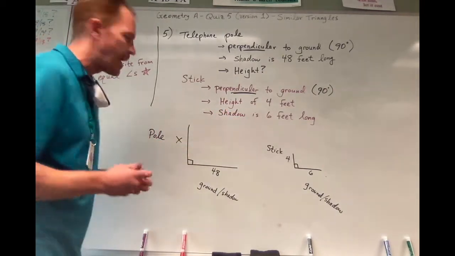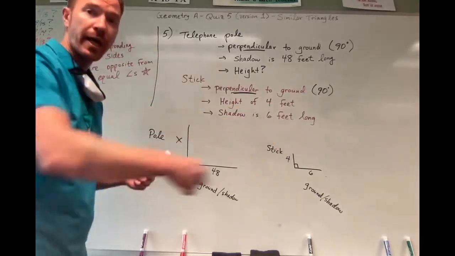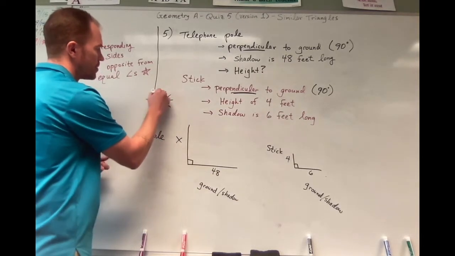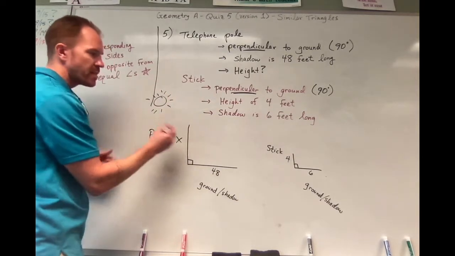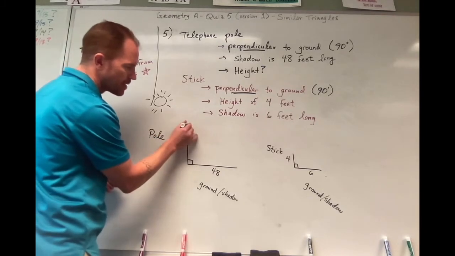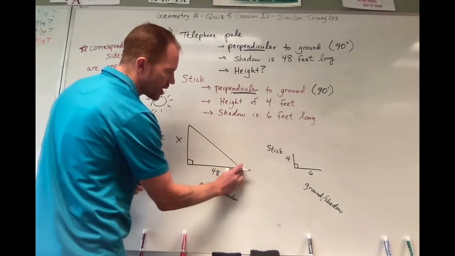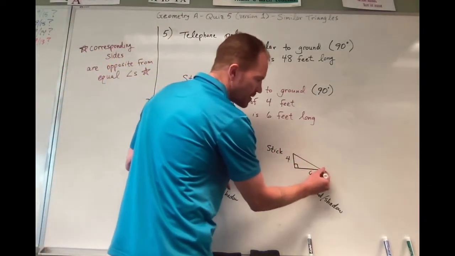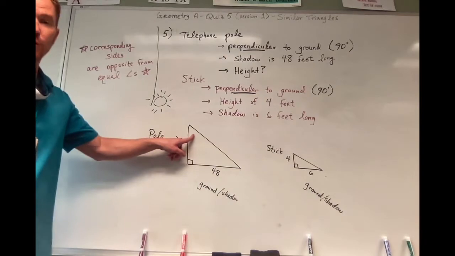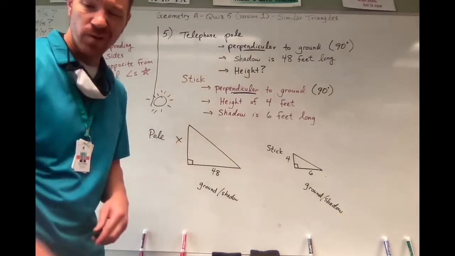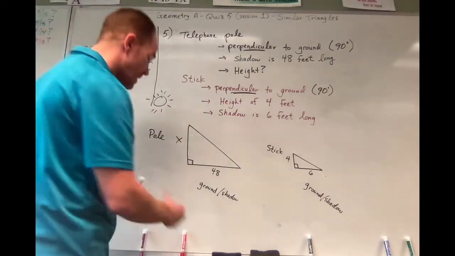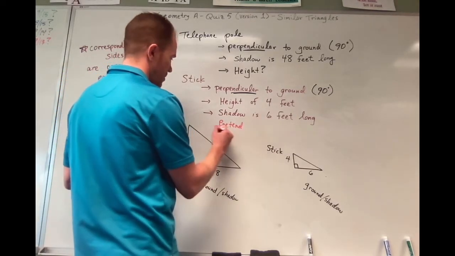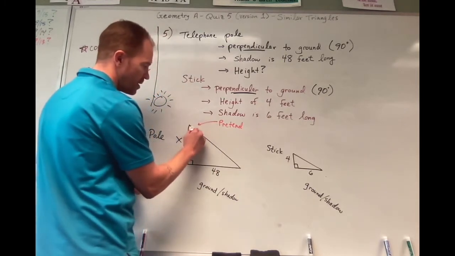Well, the idea is that the sunshine, if you have, here's your sun, and the rays of the sunshine are going to hit the pole and the stick at the same angle. So I don't know what this angle is. Again, we can do like we did in number 4 and just pretend this is a 30-degree angle.